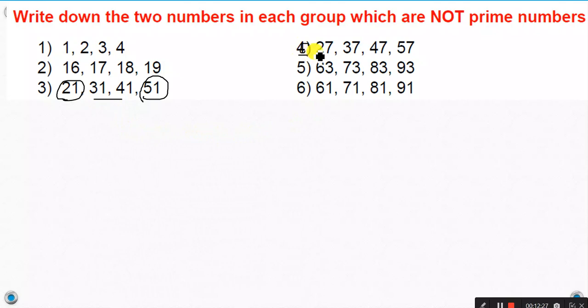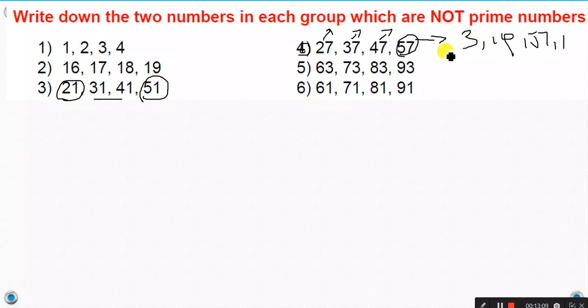Let us do number 4: 27, 37, 47, 57. 27 is not a prime because it is divided by 3 and 9. 37 is a prime because it is not divided by any other number. 47 is also a prime because it is not divided by any other number. 57 is not prime because 57 is divided by 3, 19 also, by 57 itself and by 1.